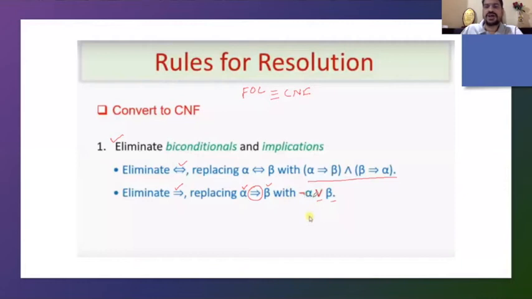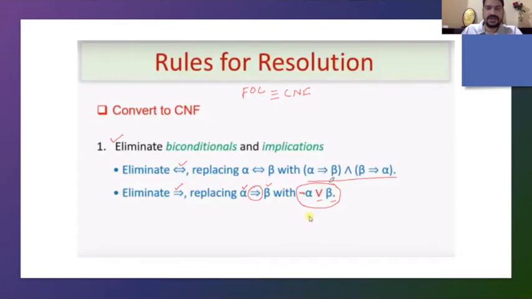So negation of alpha, disjunction beta. In that way, we can convert the implication sign. So whenever we get biconditional and implication, we have to eliminate it. This is the first rule.